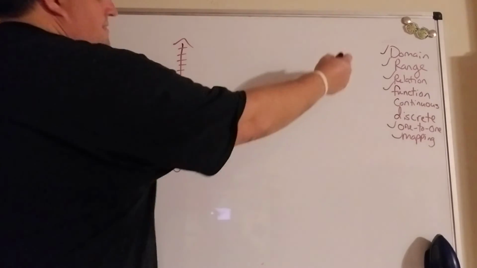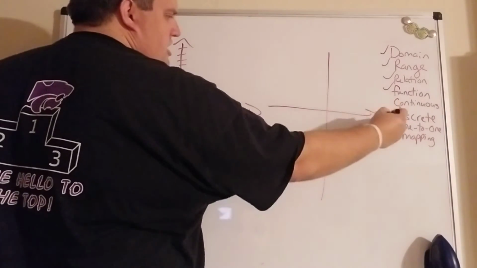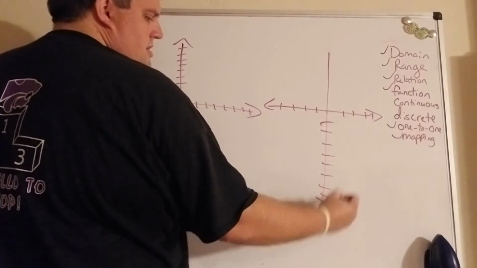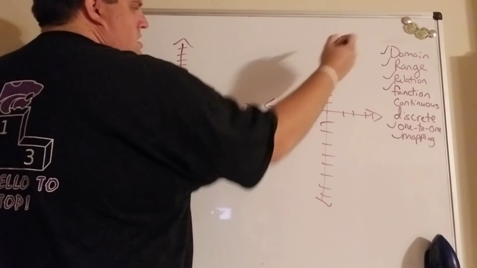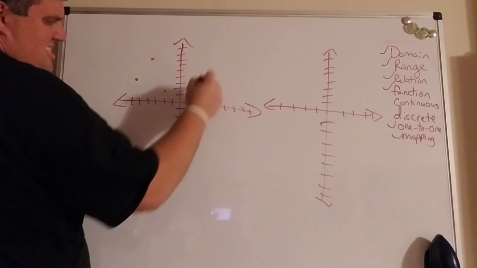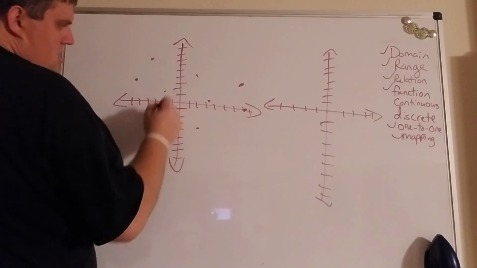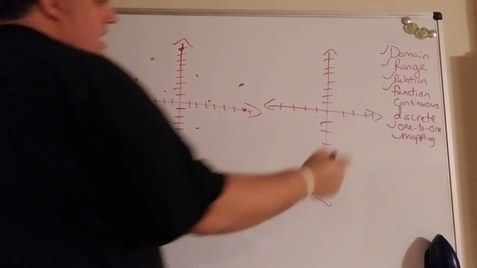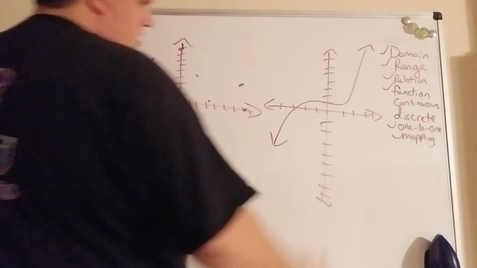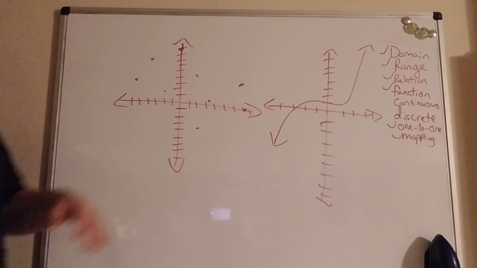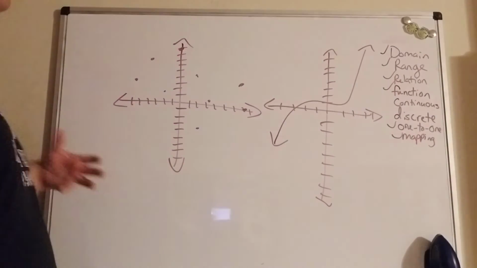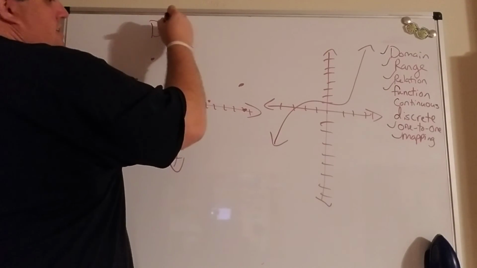So if I have a relation, I guess I should say, on this graph, just a set of points, like this. And then I have over here, maybe I have some sort of cubic. Looks like that.